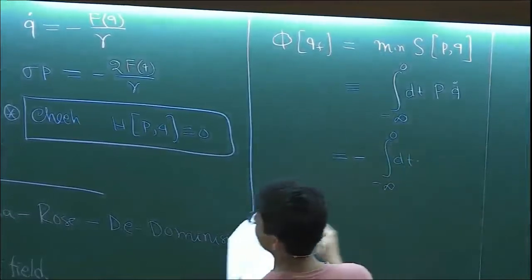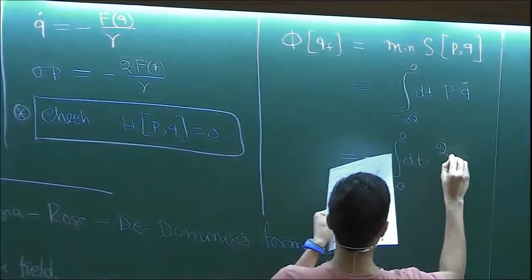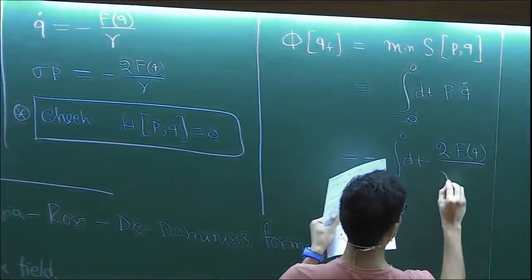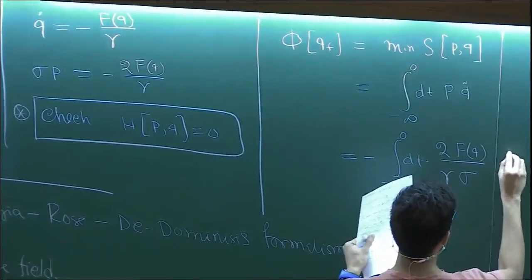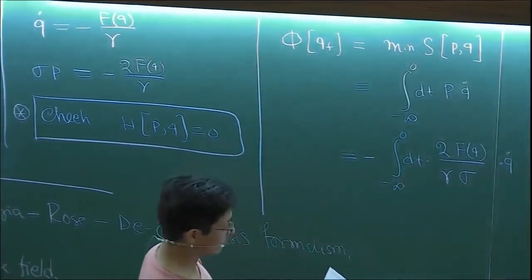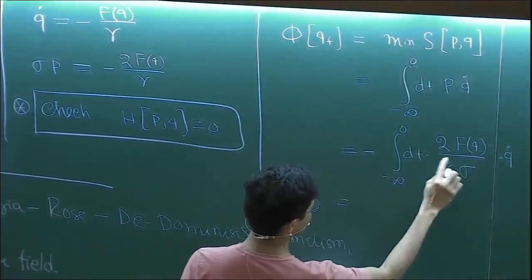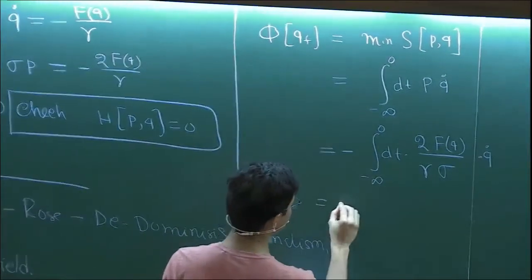So P, I just use the result here: twice F of Q by gamma sigma times Q dot. What I'm now going to do, take this path, I'm assuming the sigma is constant right now. So that's the problem we are addressing.